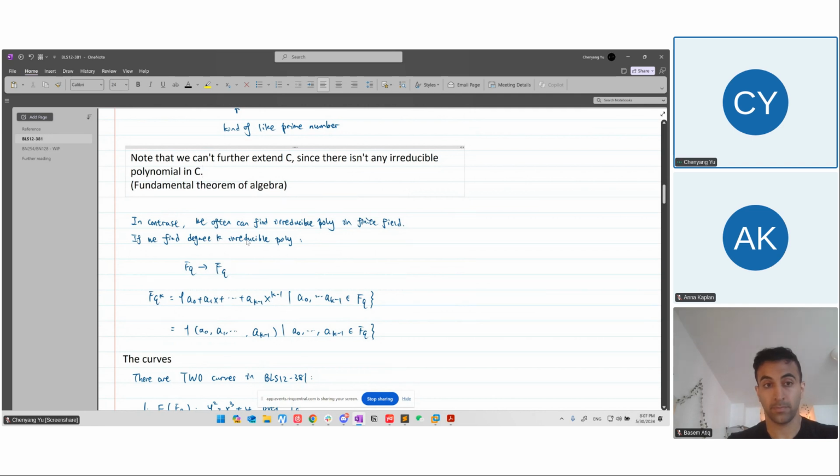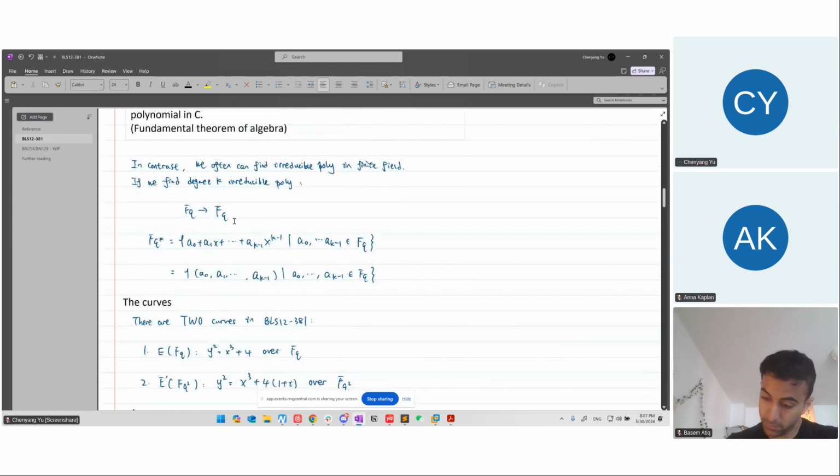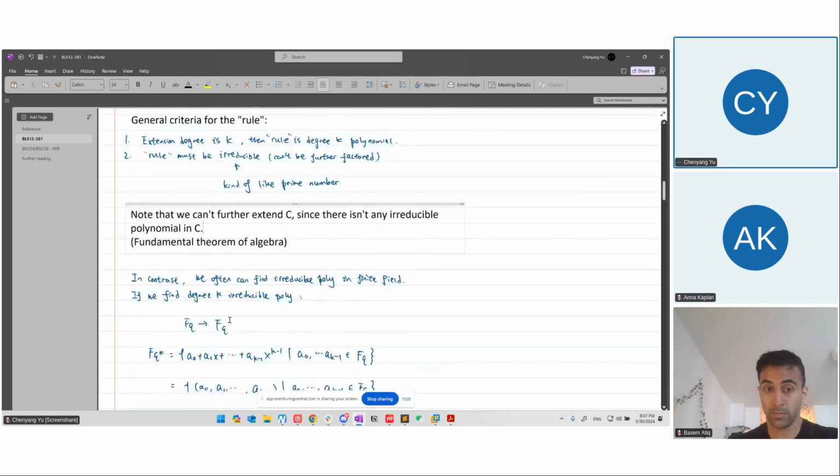What I'm saying here, in contrast, is a k irreducible polynomial. Yeah, I probably made a mistake here. I think this is FQK or something, right? We can extend FQ to FQK. Yeah, I think I missed something here.